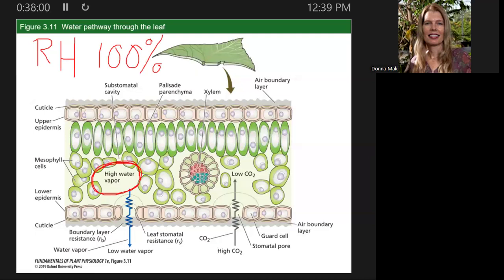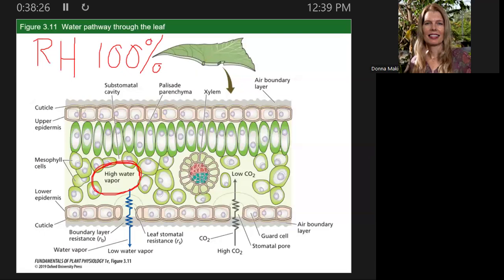So relative humidity 100%. So then if you think about different days of the year that the plant is experiencing, of course, just by living your life, that relative humidity from day to day can vary. It can be super humid some days, other days not so humid. And so now we need to think about a gradient again, in this case of relative humidity.